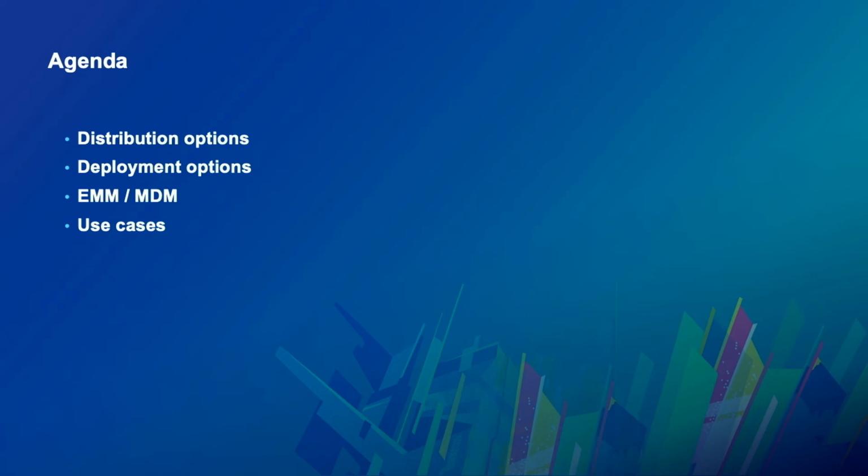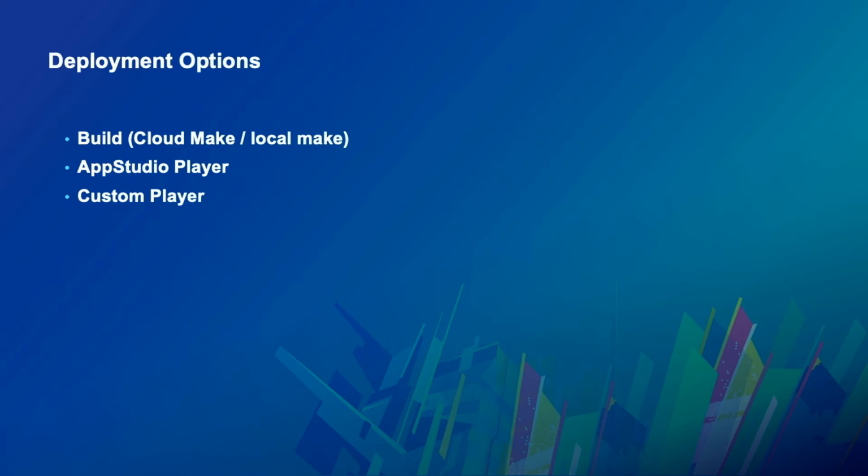Okay. So the first thing we want to talk about is the distribution options and the deployment options available to distribute or to take your apps to the enterprise. So you already know that AppStudio is a cross-platform app. You can write apps for your mobile devices, phones, tablets, and even for desktop applications.